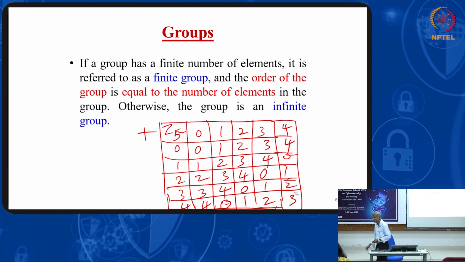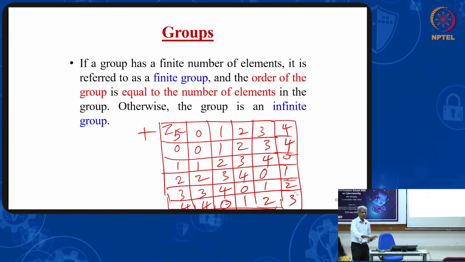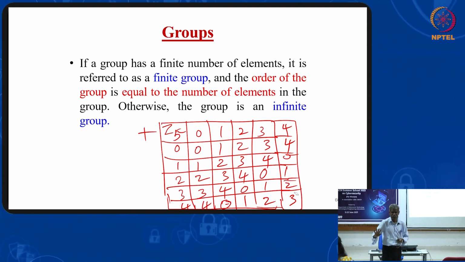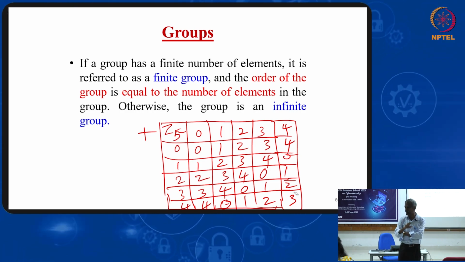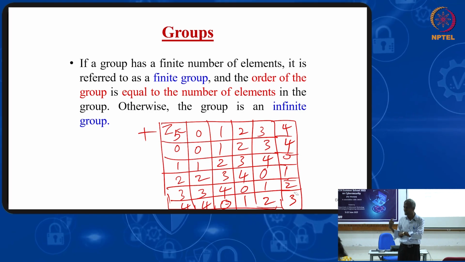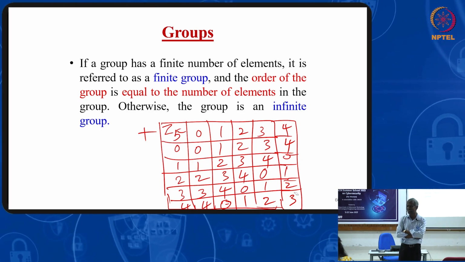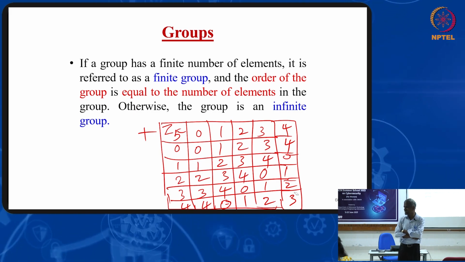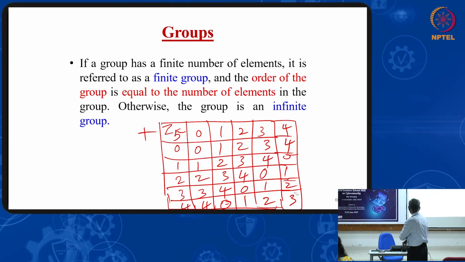Is this group a finite group or an infinite group? Will it form a group first of all with respect to addition modulo 5? We can do it for multiplication modulo 5 also, but I am doing it for addition modulo 5. What is the identity element? 0. Now the inverse of any element.